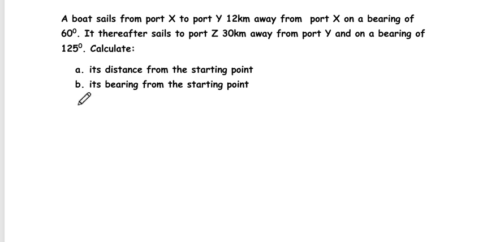Let's sketch this diagram. Now a boat sails from port X, so let's draw port X. Let's call this port X. 12 kilometers to port Y on a bearing of 60 degrees. So 60 degrees, that's somewhere here.